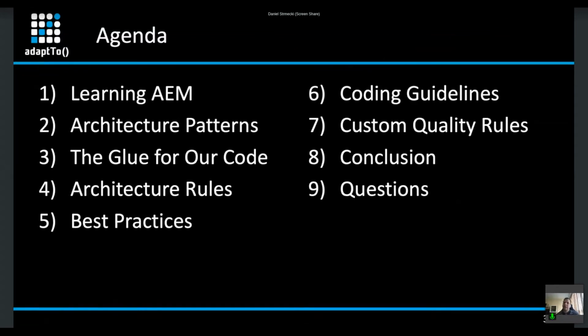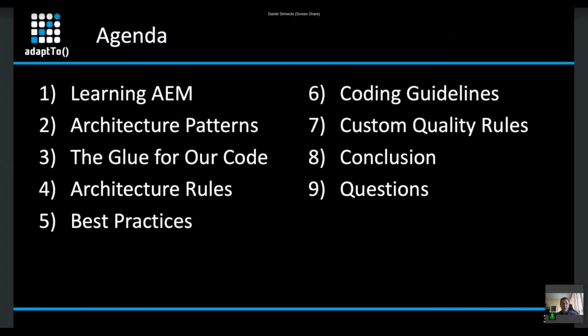We're going to take a deep dive into what is the glue that actually connects all of our code to work together in AEM. Next, we're going to look at applying some architecture rules through unit tests. So how you can ensure that your architectural best practices actually get applied by everyone in the team, on the project, or even in the whole company.